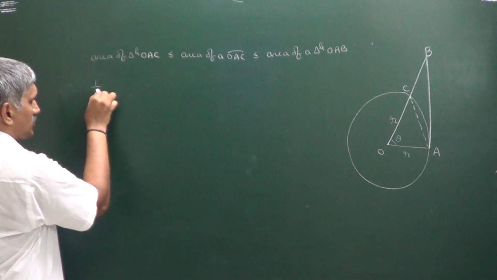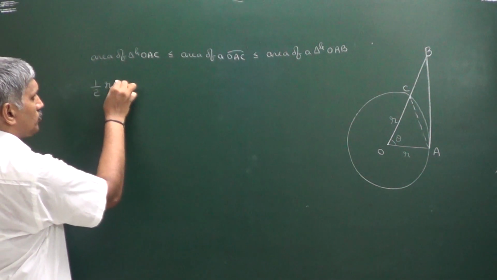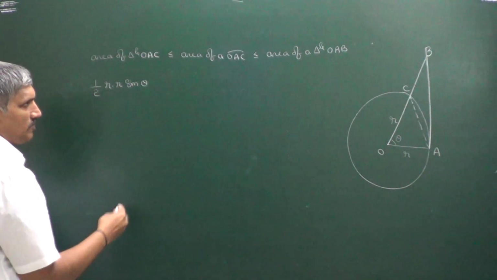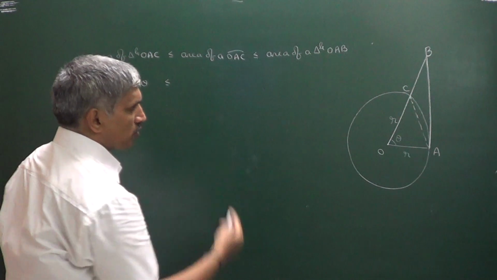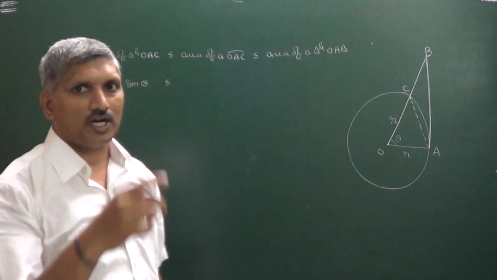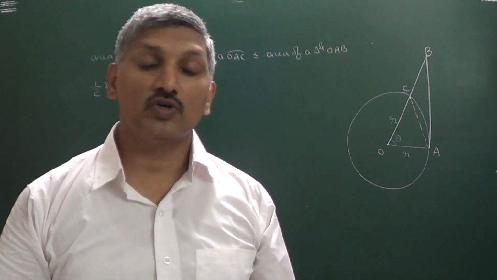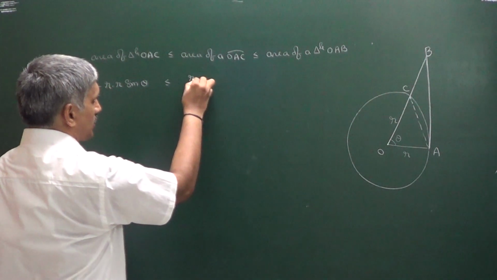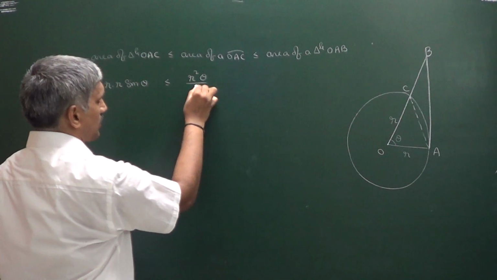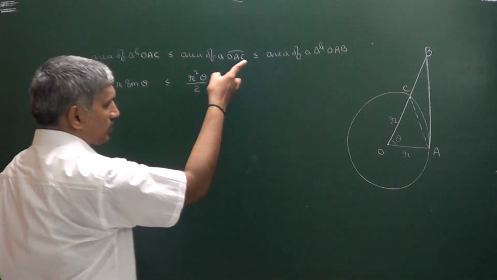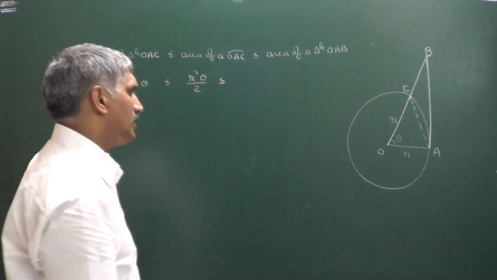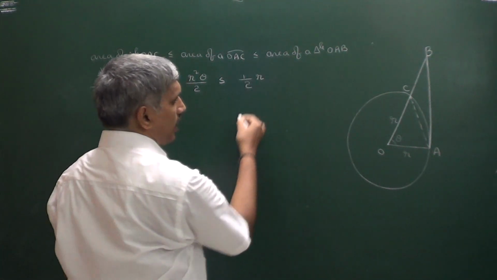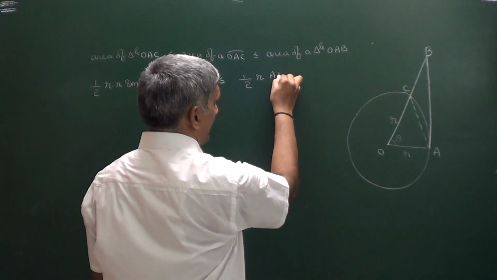According to the earlier discussion, half into r into r into sin theta is less than or equal to the area of the sector. Sector area is equal to L r by 2, where L is equal to r theta. That's why the area of the sector is r square theta by 2, which is less than or equal to the area of triangle OAB, half into base r into height AB.